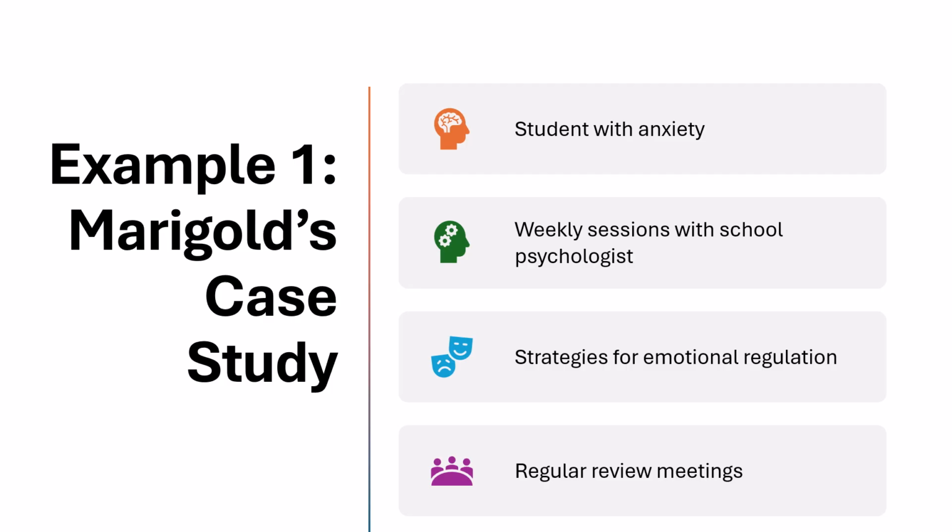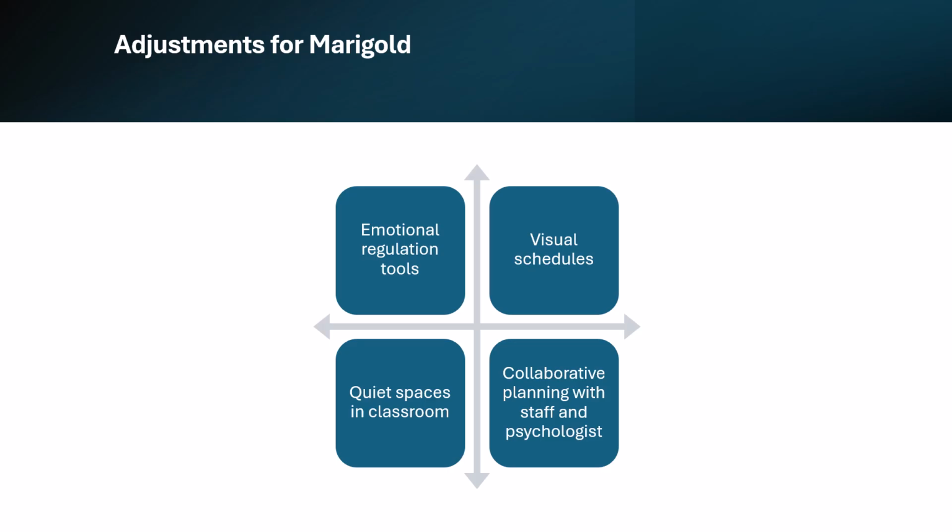So let's take an example of Marigold's case study that has been taken from the NCCD website. That student has anxiety and she has been given weekly sessions with the school psychologist, and strategies for emotional regulation have been provided by the school, and there are regular review meetings for that particular student in order to make the relevant adjustments for her.